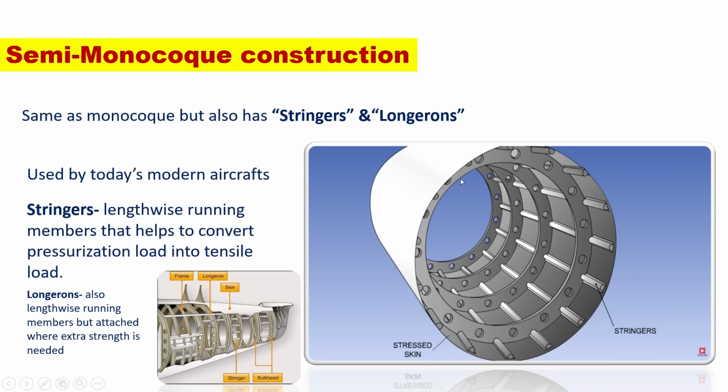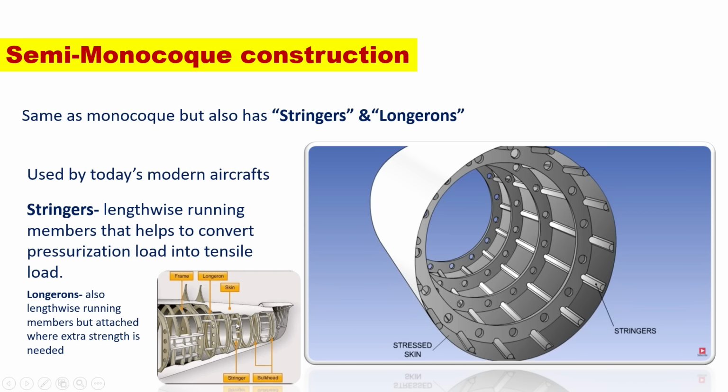Longerons are not shown in this diagram, but here I have attached one picture. You can see these lines. These are stringers, and the major lines, or the lengthwise running members where you need extra strength, are called longerons. This is a longeron, and these are your stringers.